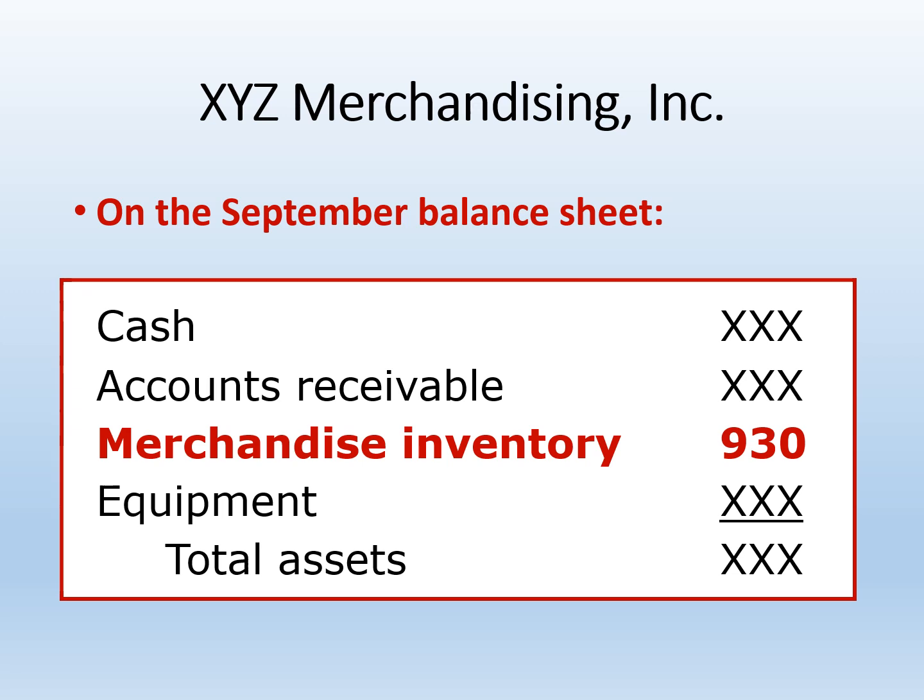Remember that an asset is something that belongs to the firm, and the firm expects to use that thing in the future to generate revenues. So ending merchandise inventory is clearly an asset because the firm expects to sell it next month.